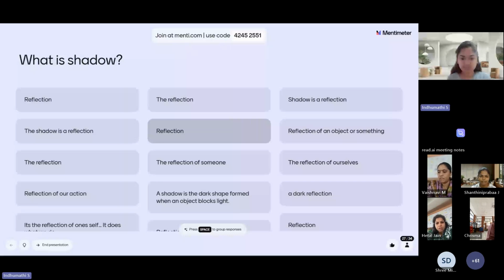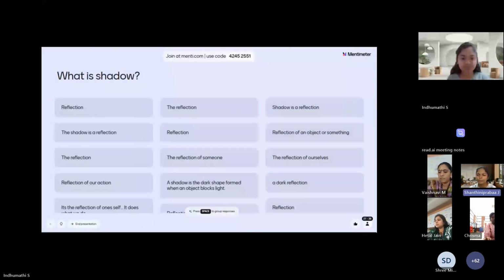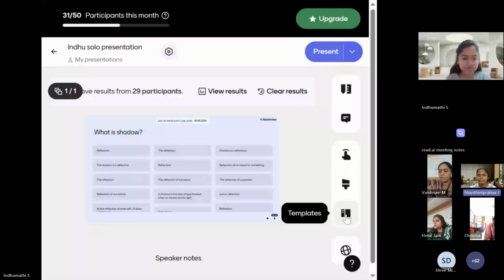And shadow is the dark shape formed when an object blocks the light. We also have a few responses from the chat box. It comes when there is light, it is a reflection, it's a dark reflection, a well known thing. Okay. Thank you, teachers. Thank you so much for all your responses.